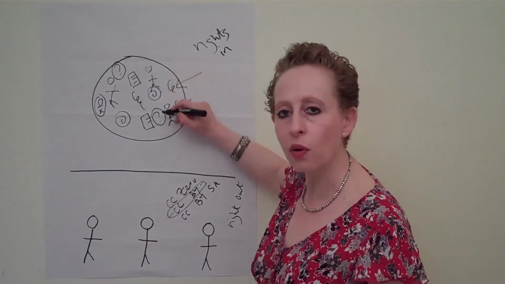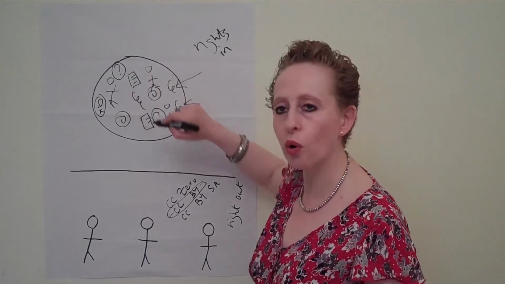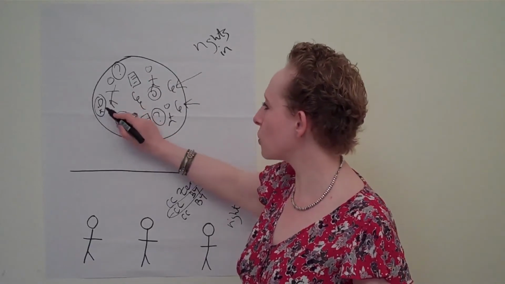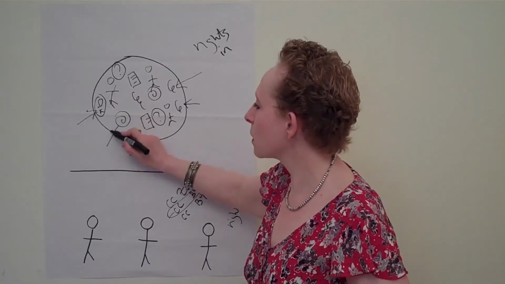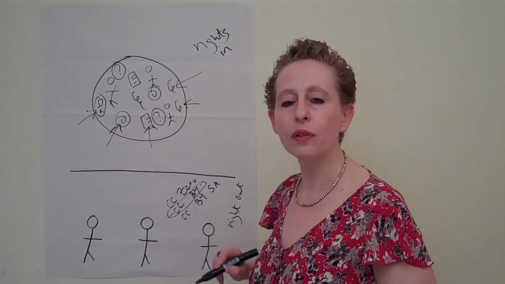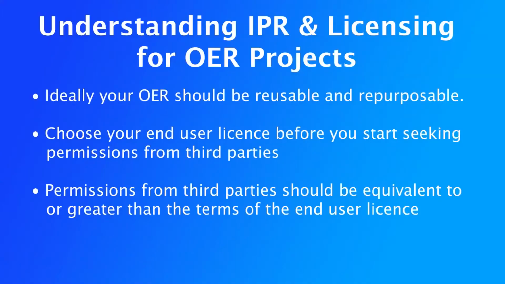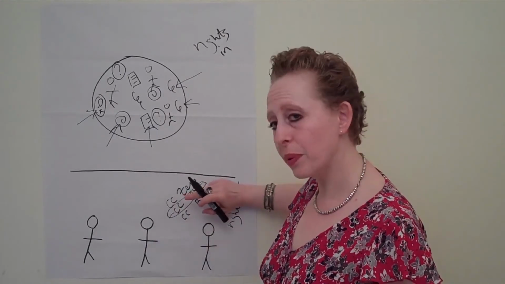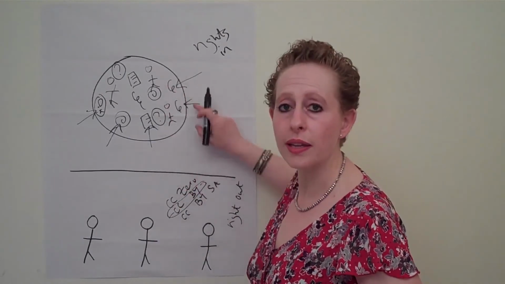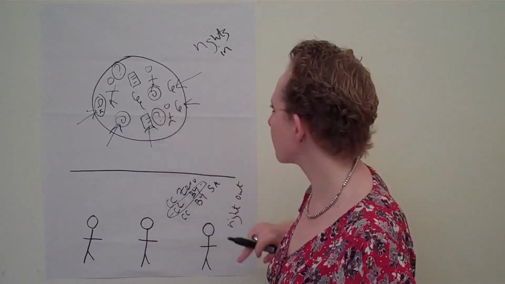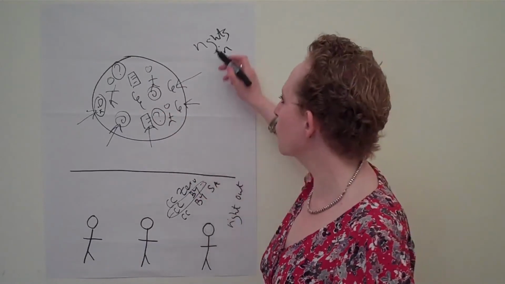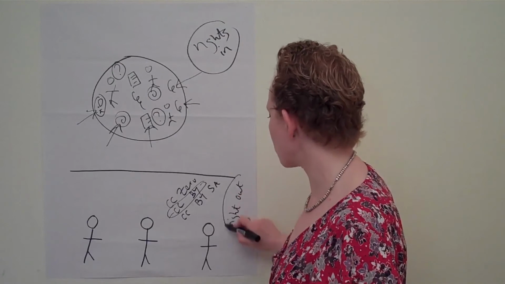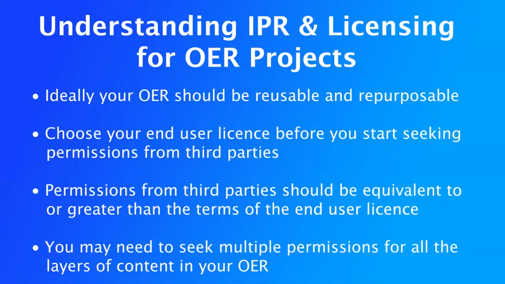And similarly, for all the other stakeholders involved in this piece of OER, whether it be students, performers, even material that you found on the internet, you will need to seek permission for your end users to be able to repurpose and reuse the content where they own the rights. The essential point here being that your rights in need to be compatible with your rights out.